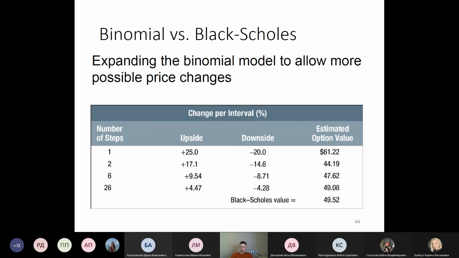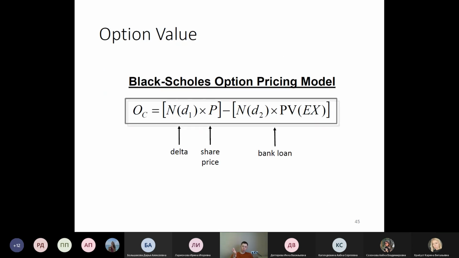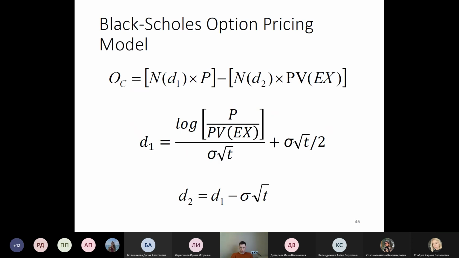And there is a limiting point when we have an infinite number of infinitely small steps in building those trees for the binomial pricing. In this case, in order to estimate option price, we use the formula of the Black-Scholes pricing model. Here it is.